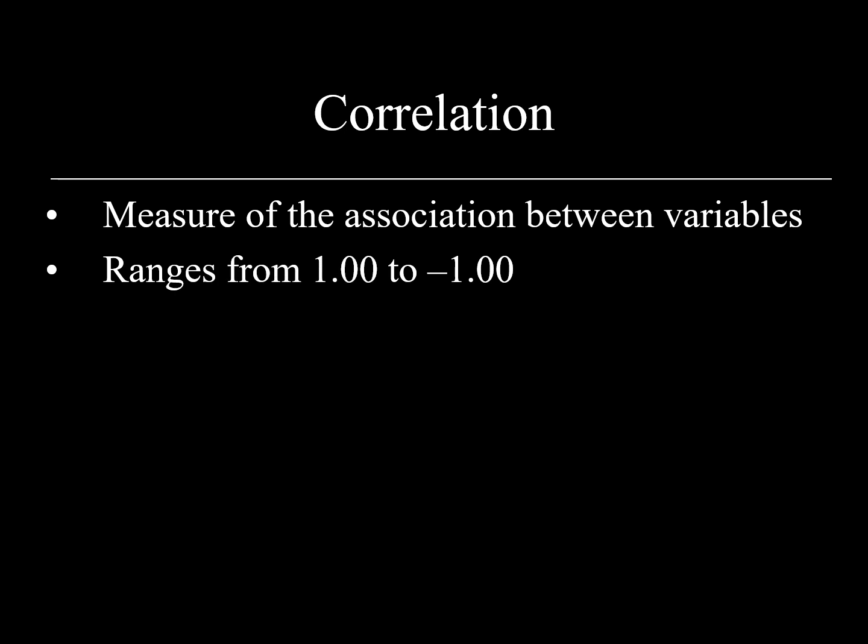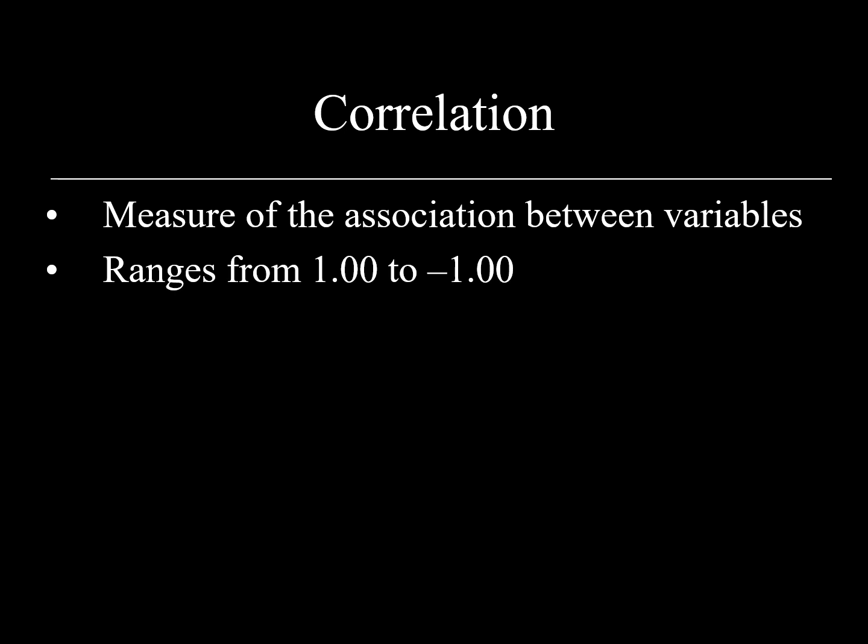It ranges from 1 to -1. So when we calculate a correlation, the actual test statistic will range from 1 to -1, with 0 being no relationship whatsoever, 1.0 being a positive perfect correlation where there is no error, and a -1.0 where there's a negative relationship.